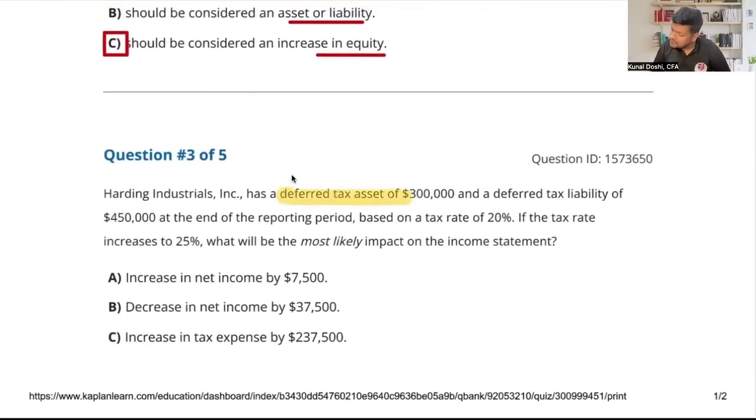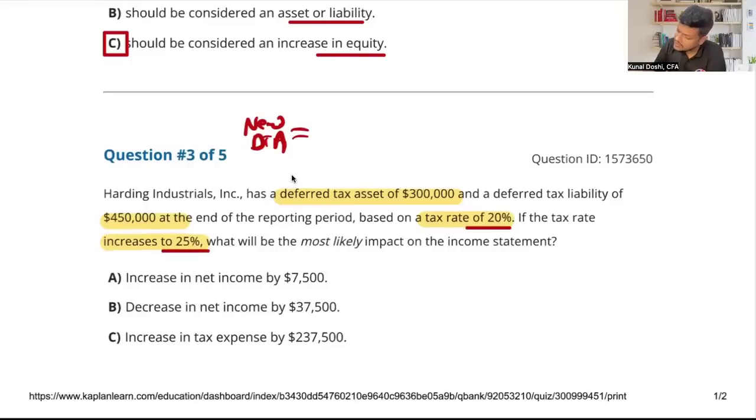A company has a DTA of 300,000 and a DTL of 450 based on a tax rate of 20%. If the tax rate increases to 25%, what will be the change? First of all, what will be my new DTA? My new DTA will be the old DTA 300,000 times new tax rate over old tax rate, 25 divided by 20.